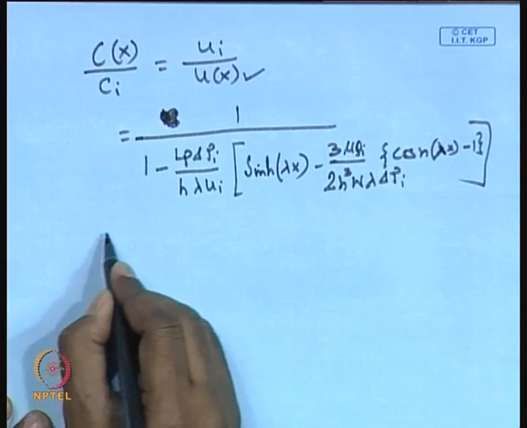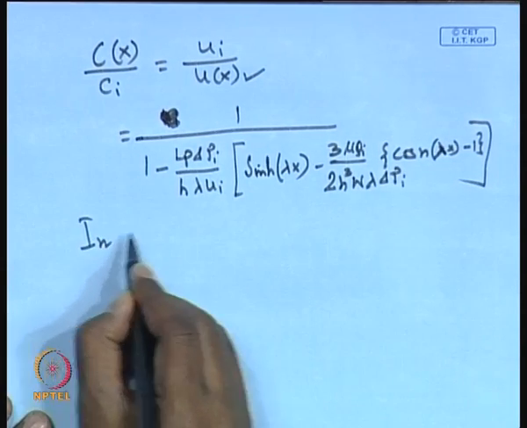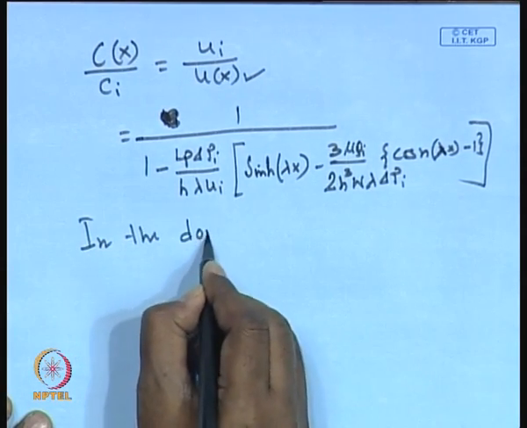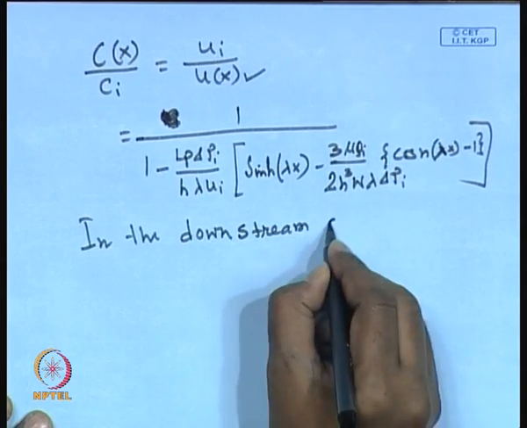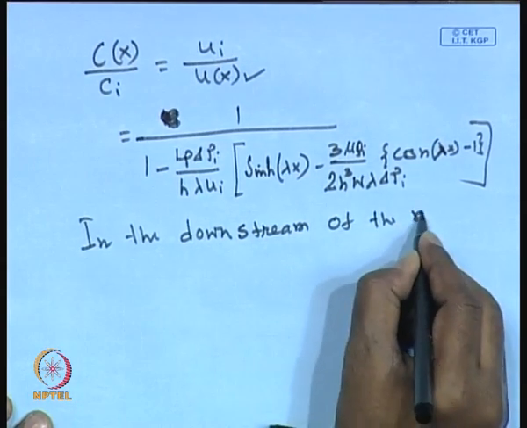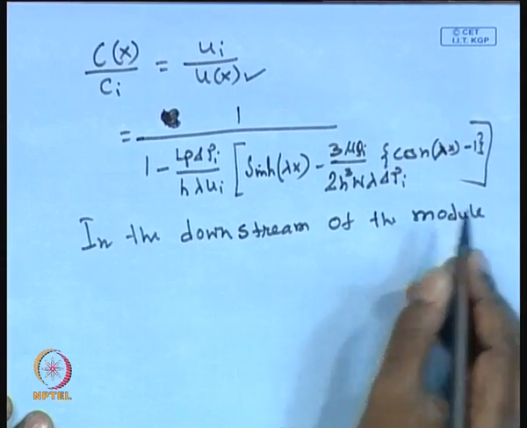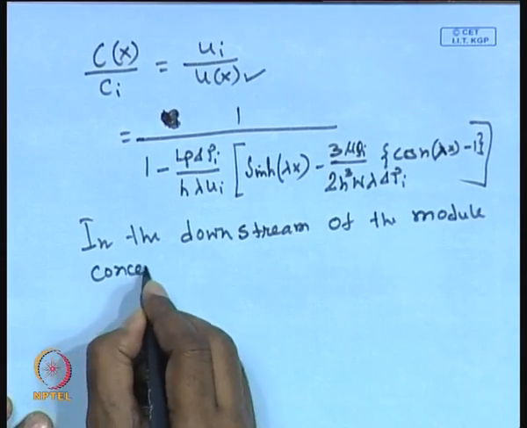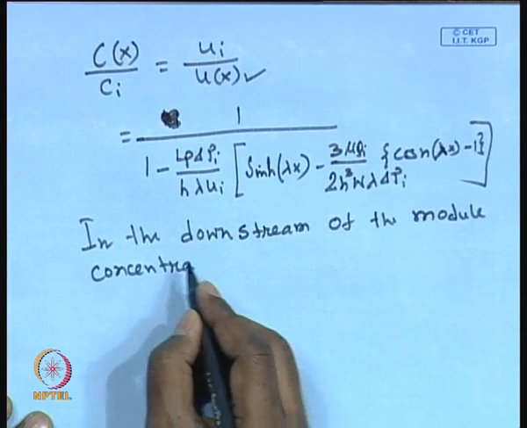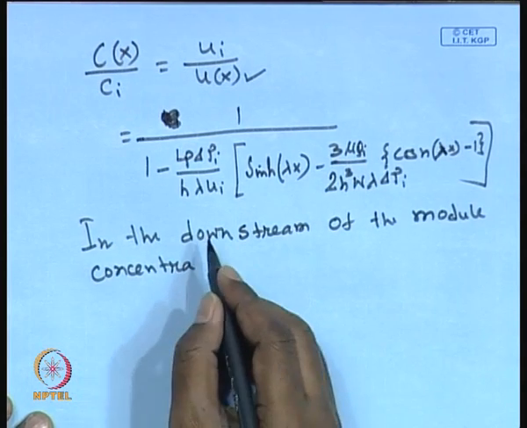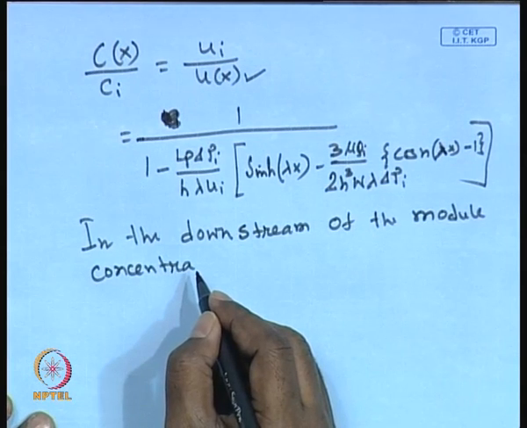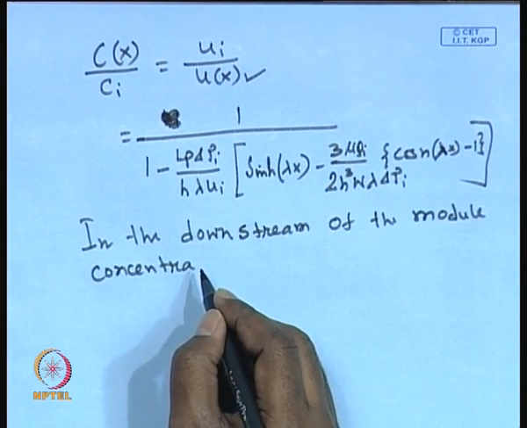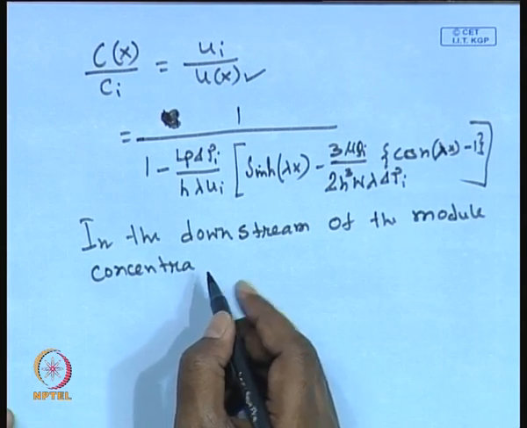So basically in the downstream of the module, concentration is increasing. That means the solution becomes more concentrated. Why will it become more concentrated? Because it is a totally retentive membrane and you are extracting the water out of it, so it becomes more concentrated.